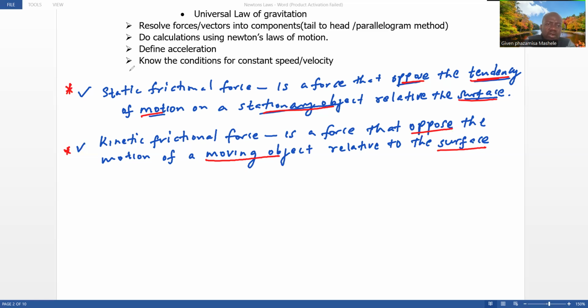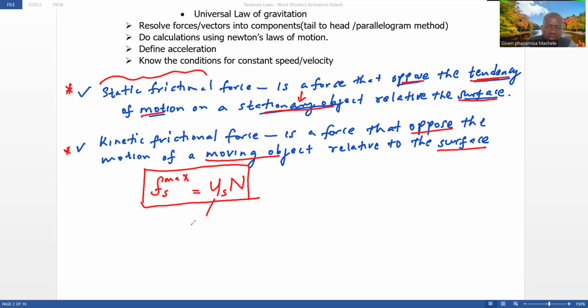So it means we deal with static frictional force when the object is not moving. That friction that is resisting the object not to move, it's all called the static frictional force. Actually, we call it the maximum static frictional force, where we use the coefficient of static friction, then we multiply by the normal force. I believe you know this.